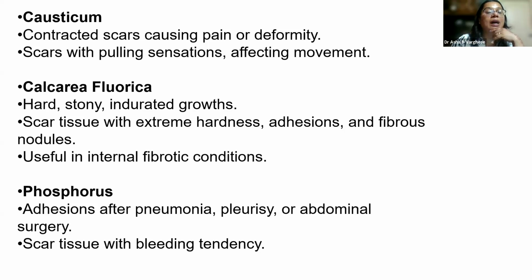Calcarea fluor: hard, stony, indurated growth, scar tissue with extreme hardness, adhesions, fibrous nodules, useful in internal fibrotic conditions. So wherever there is fibrosis inside, I could have even thought of Calcarea fluor, but fortunately for me, the potency which I have given for thiocyanum was 6C.